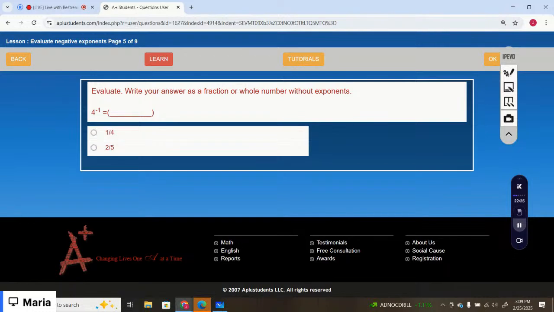4 exponent negative 1. That is 1 divided by 4.